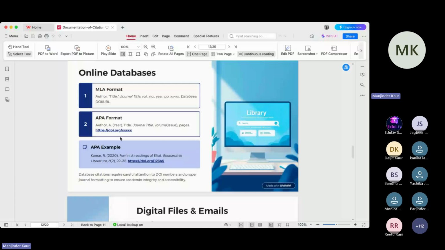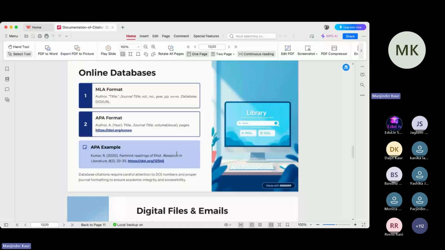We are writing Kumar, R only, not Rashmi, not Radha, whatever is the full name. Year of publication 2020 in parenthesis followed by period. Feminist readings of Eliot, that is the name of the article. No putting of the title in double inverted or quotation marks.